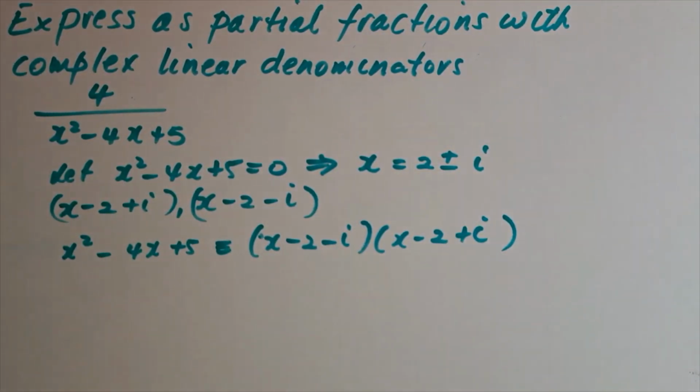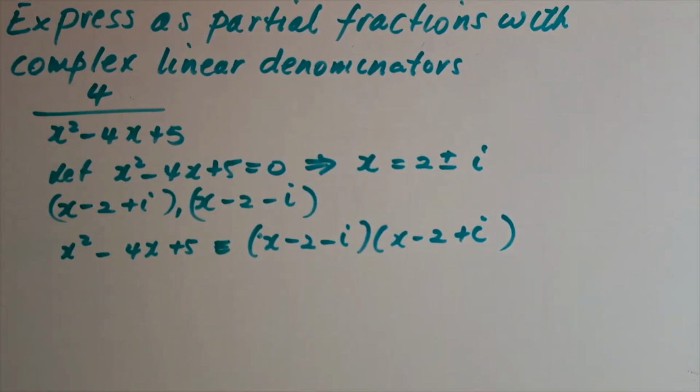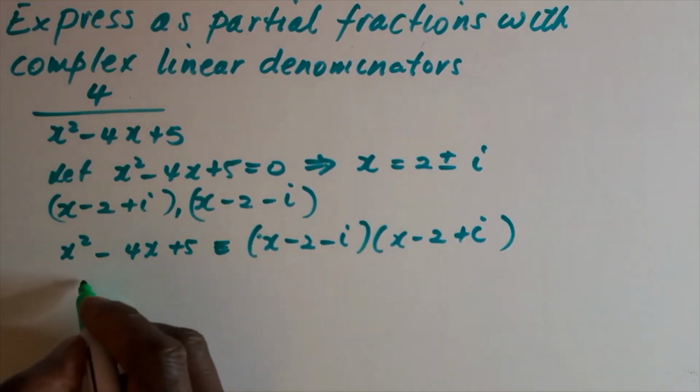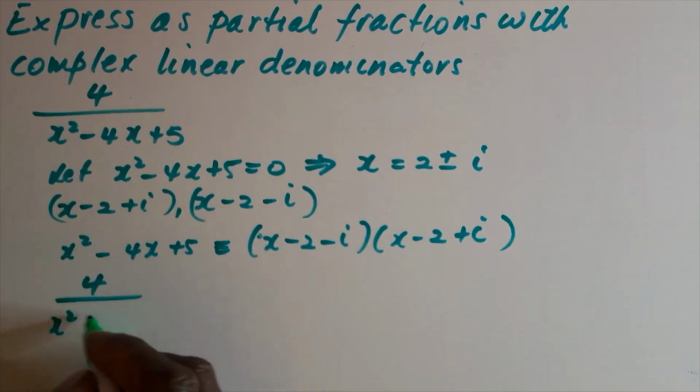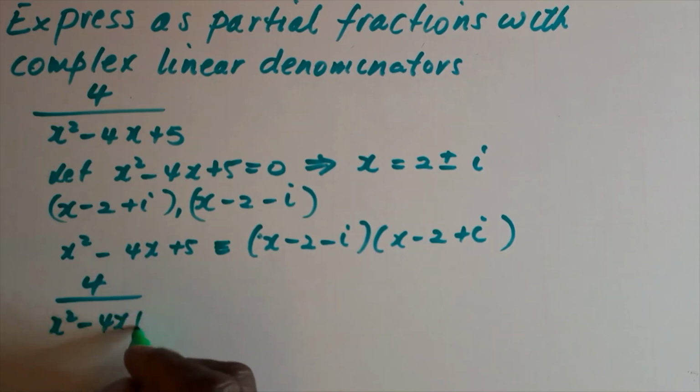Now for required partial fractions, the required partial fractions must have complex denominators. So for complex numerators, we must write that 4 over x squared minus 4x add 5.